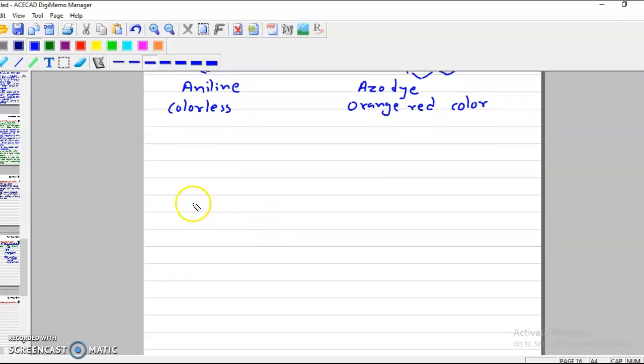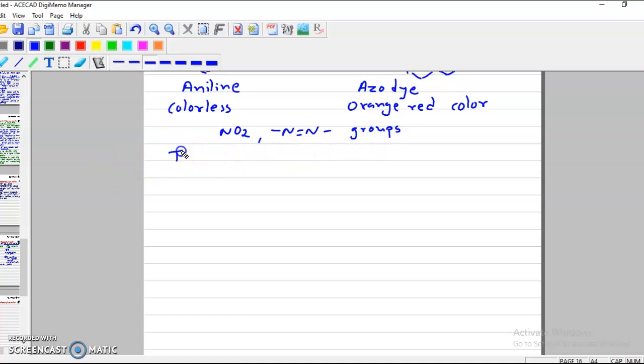Okay, so some organic compounds are colored because of the presence of certain functional groups like the NO2 group and the azo group, N double bond N. These groups are responsible for color.